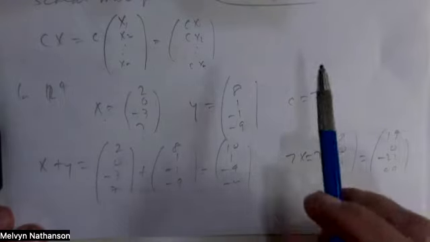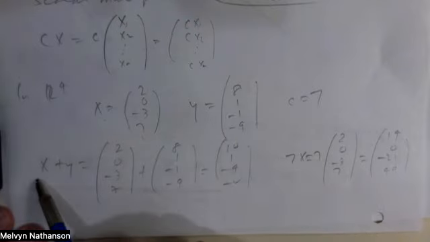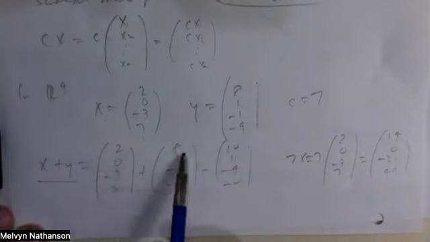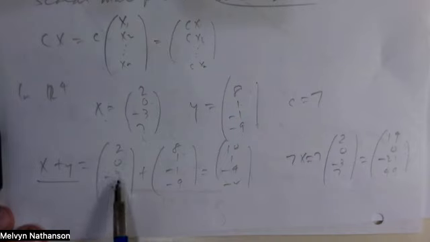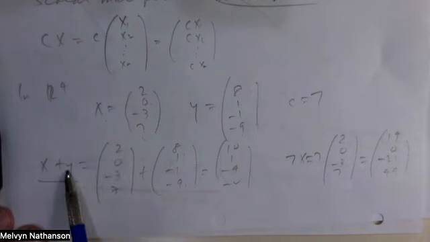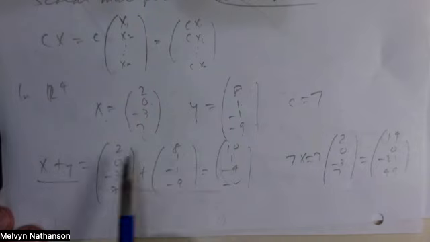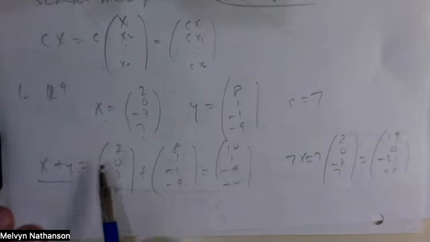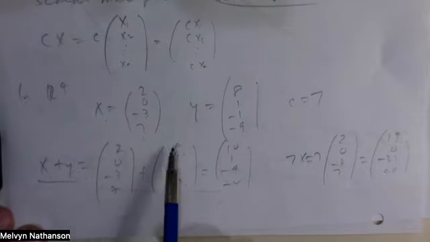The vector y has coordinates 8, 1, minus 1, minus 9, and I want to add the two vectors. And the way you add vectors is add coordinates. So for x, the first coordinate is 2. For y, the first coordinate is 8. When you add x plus y, the first coordinate is 2 plus 8, which is 10.